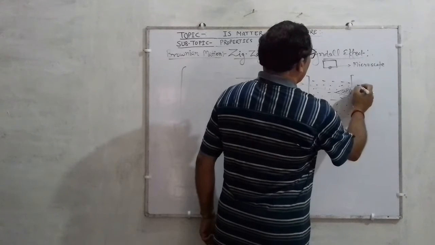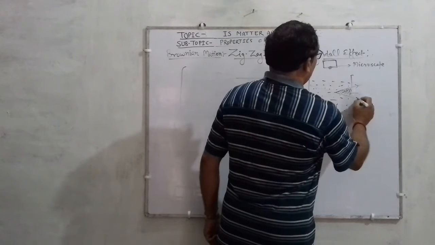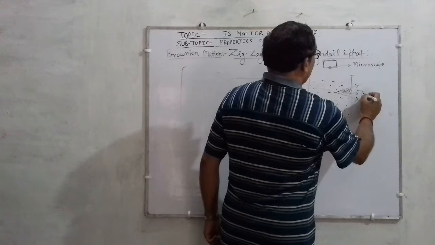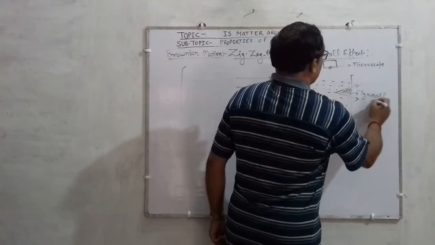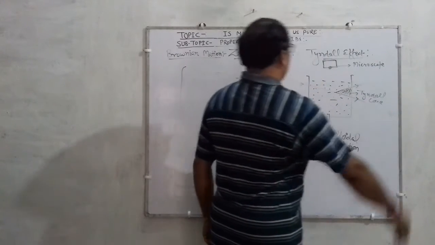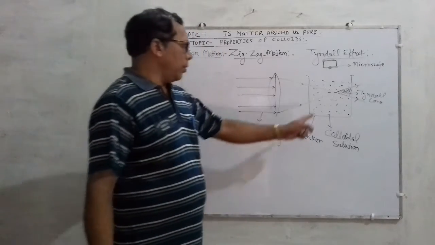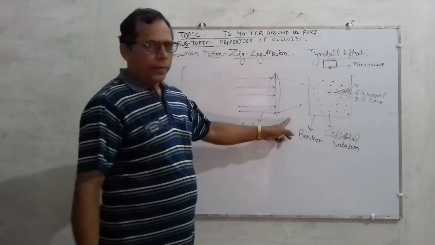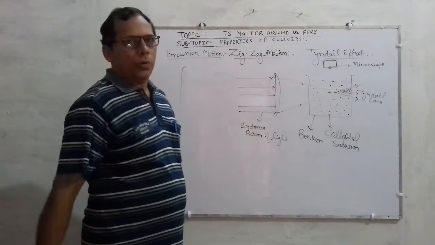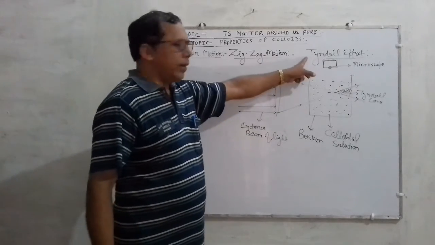This formed cone is called Tyndall cone, and the phenomenon is called Tyndall effect. Listen once more, what happens in Tyndall effect?